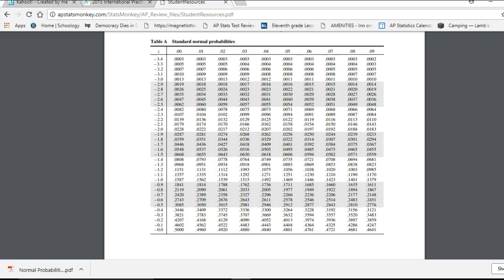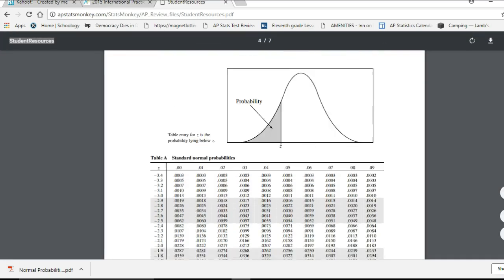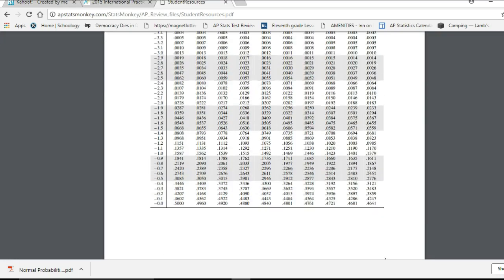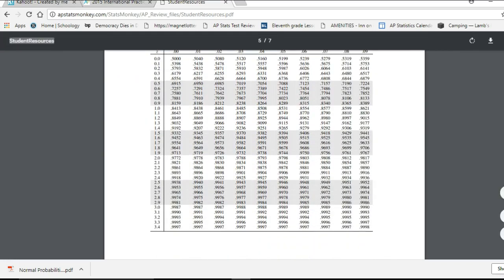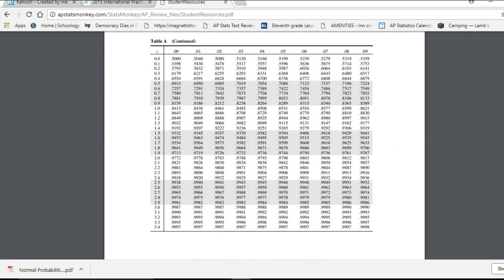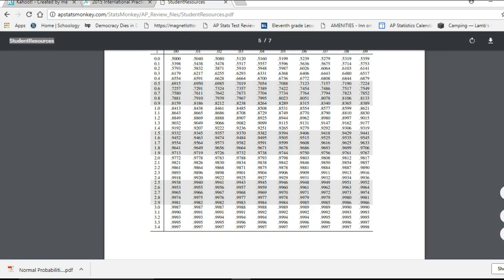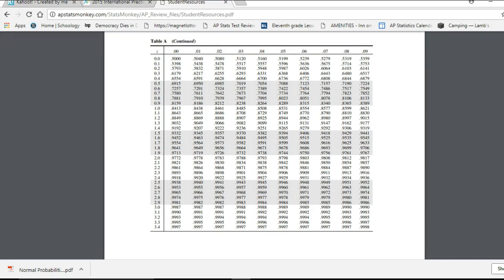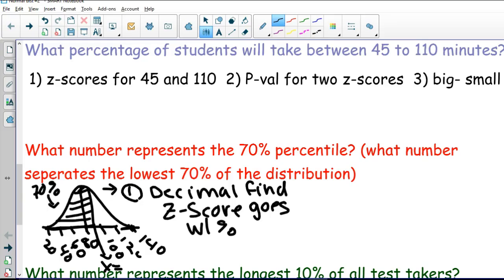Remember, you don't have a z-score now, so you're not doing the outer column or the upper row. You're in the middle looking for that 0.7. So 0.7 is at 0.52, okay? And that's the closest one to the 70th percentile. So I have a z-score of 0.52.